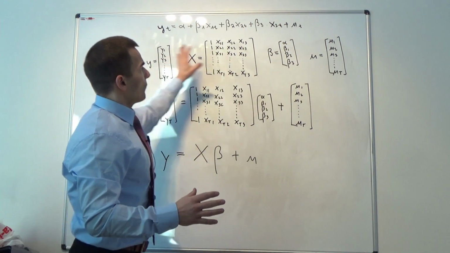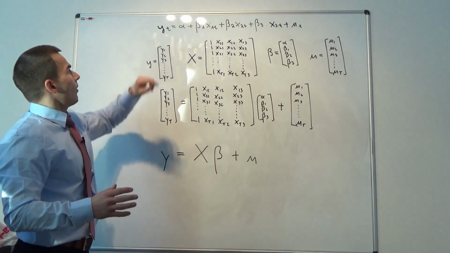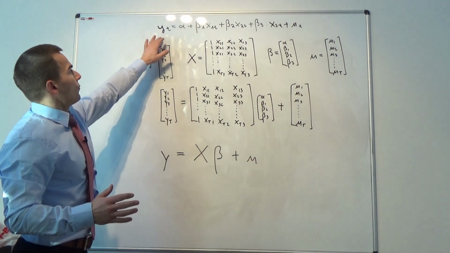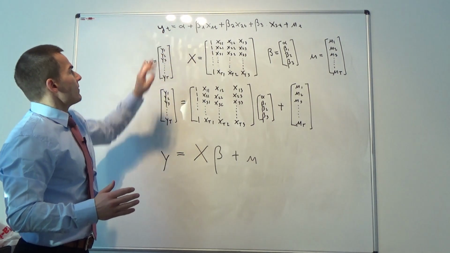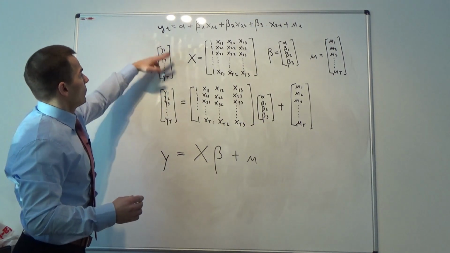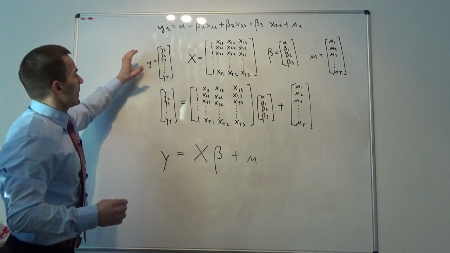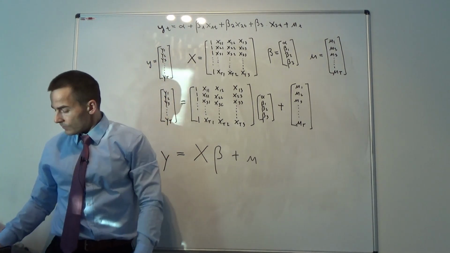So let us now define matrices and vectors. Let's put all this data that we have for our dependent variable into a T×1 vector. We can stack it here. So let's denote y as a T×1 vector.